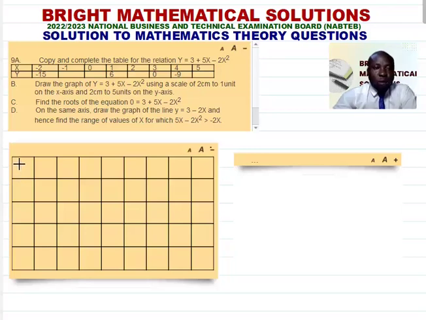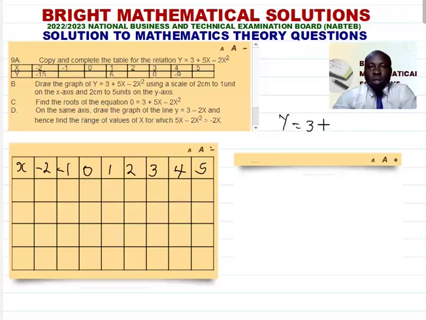So we have our x as written: minus 2, minus 1, 0, 1, 2, 3, 4, 5. So the equation we were given is y equals 3 plus 5x minus 2x squared. So we are going to replicate this in this table.